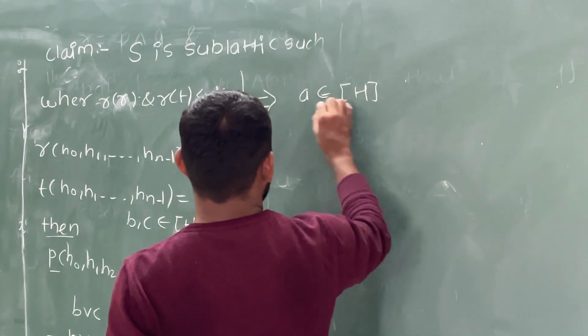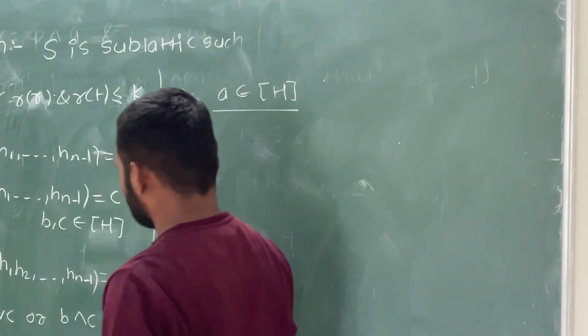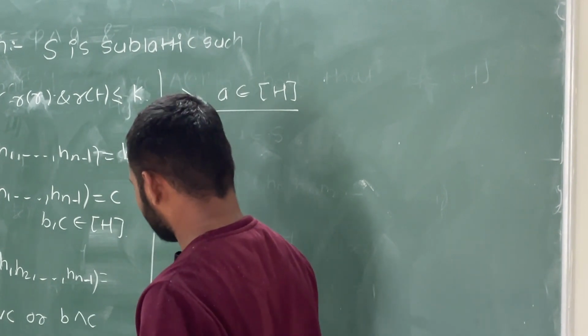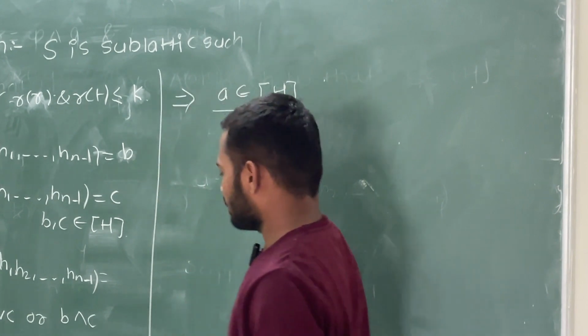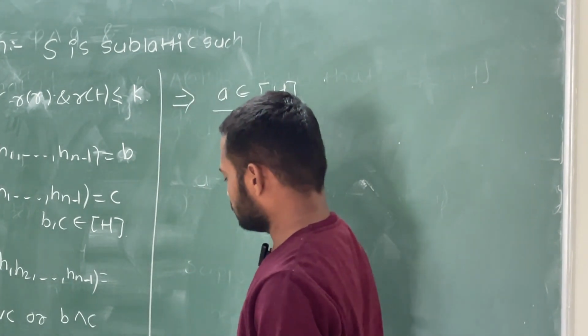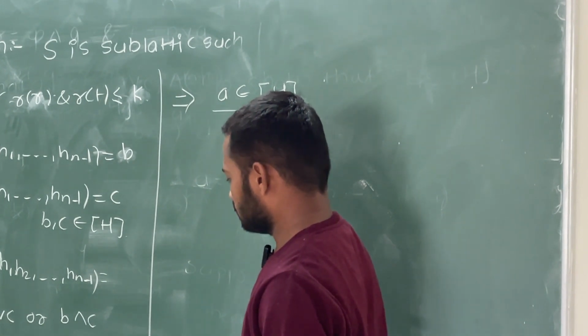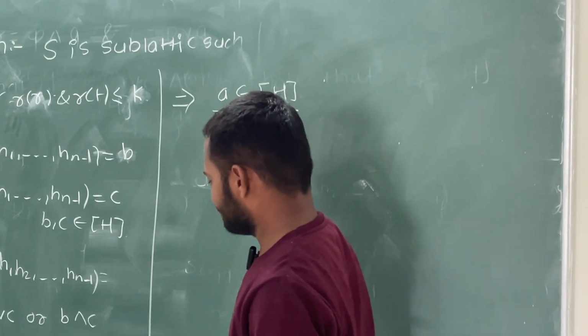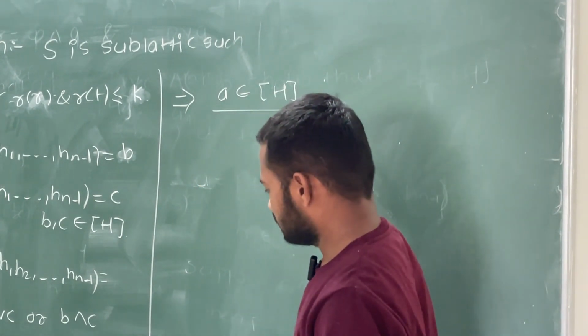Is the proof clear? So what we did is, because the rank of the polynomial is k plus 1, we write that polynomial as a combination of two polynomials whose rank is less than or equal to k, and apply the mathematical induction hypothesis. And because square bracket H is already a sublattice, if two elements are there, then their join and meet will be there.